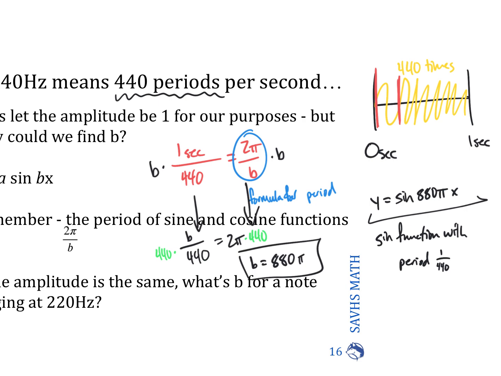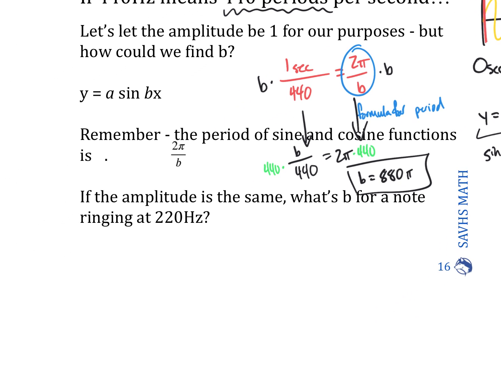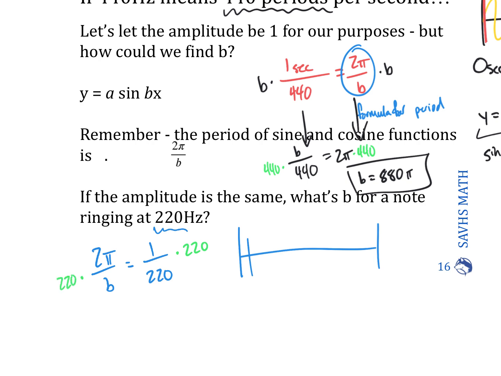For comparison, let's look at that note that is 1 octave below, which is 220 hertz. So now we're splitting our second into 220 pieces. And so my period is 2 pi over b, but that's going to be equal to 1 over 220. So now when we solve for b, let's multiply by 220 first, and we get 440 pi over b equals 1, and then we multiply both sides by b.